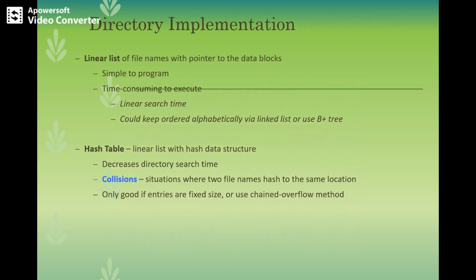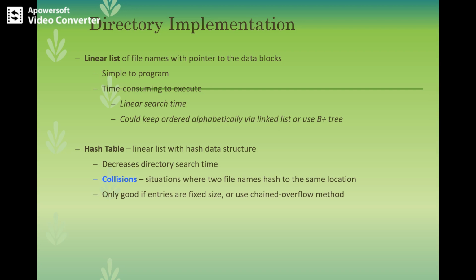Next, about the directory implementation. Here we have a linear list and a hash table. These are the two implementations of a directory. What is a linear list?